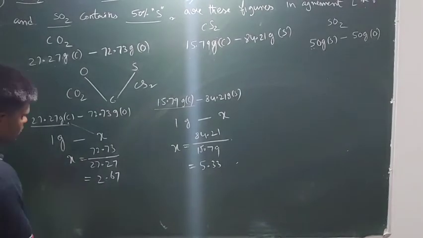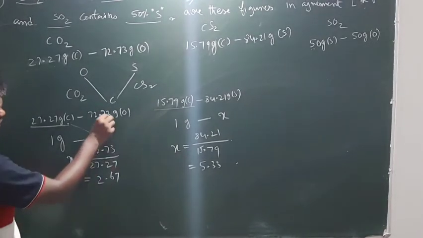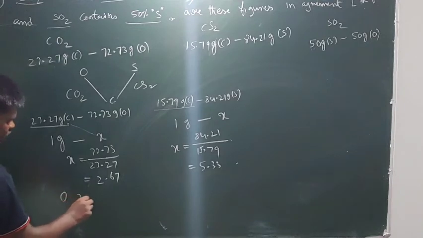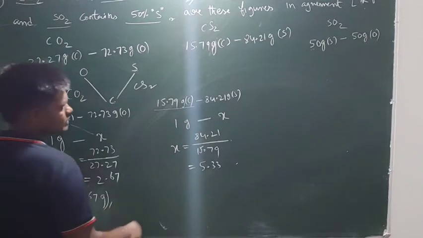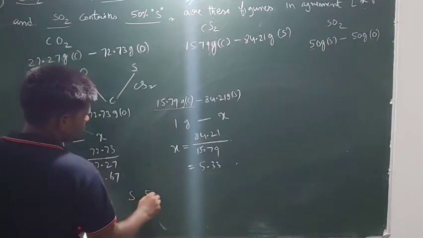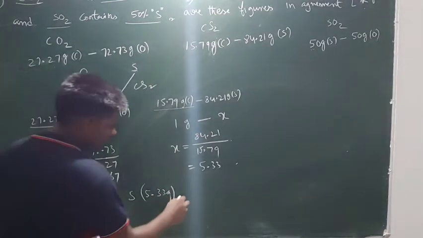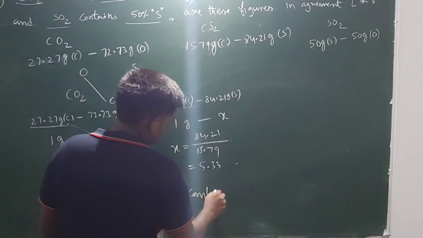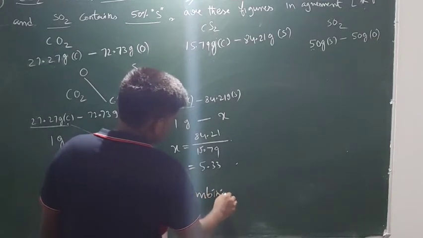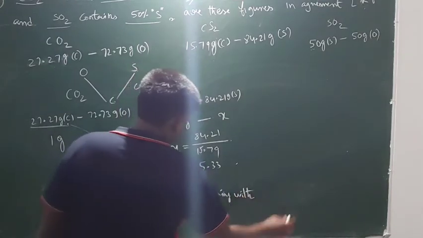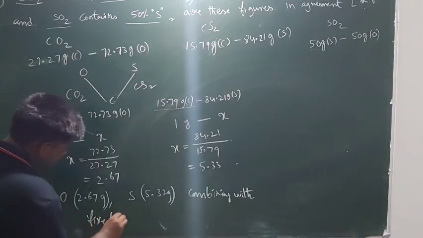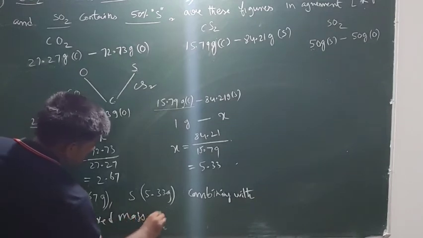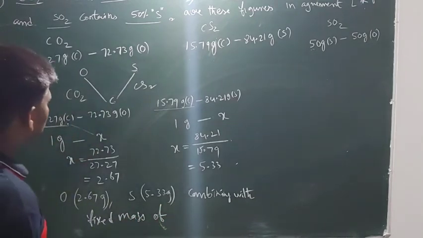Now you see here, this is the mass of the oxygen. So oxygen with 2.67 grams of mass. Next, sulfur with how much mass? 5.33 grams. Combining with a fixed mass of carbon.